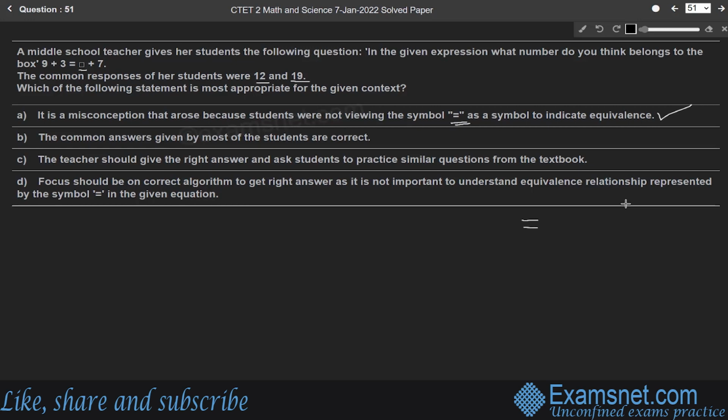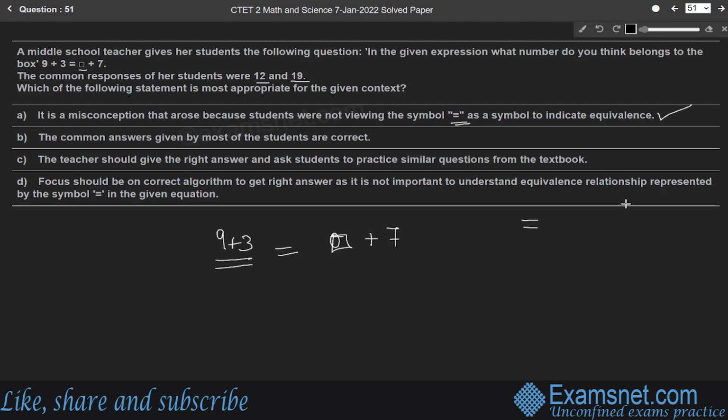They were just concentrating on the addition and missing the equality symbol in the middle. So in 9 plus 3, they were just concentrating on the addition part. Here the box plus 7. Right? They did not have an idea that the values on both sides of the equivalence symbol should be equal. So here, misconception.